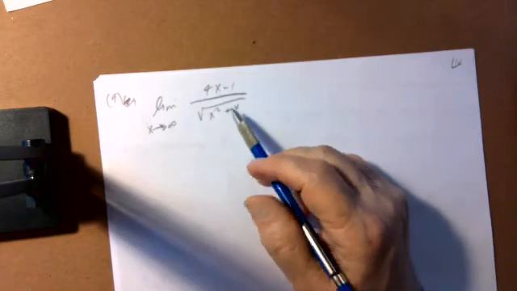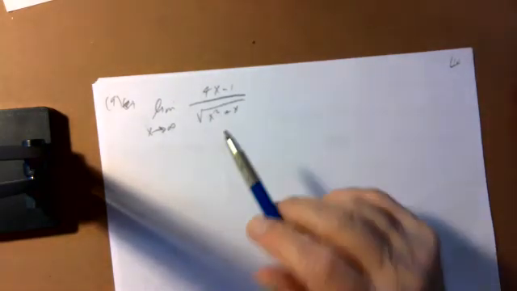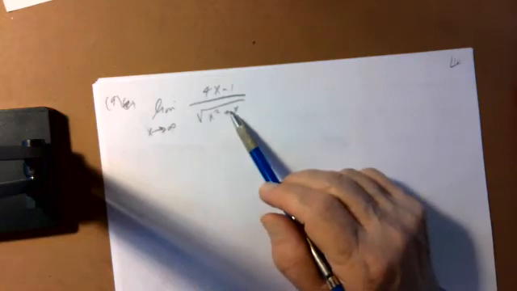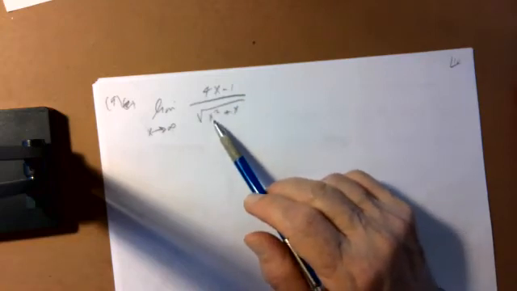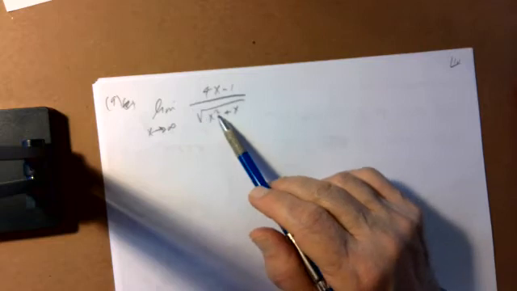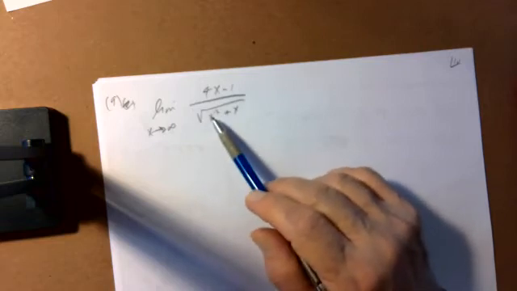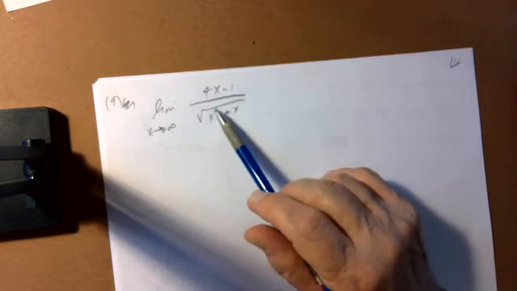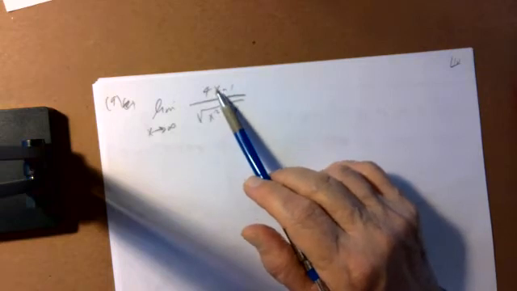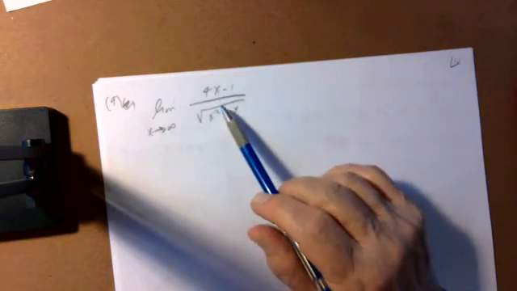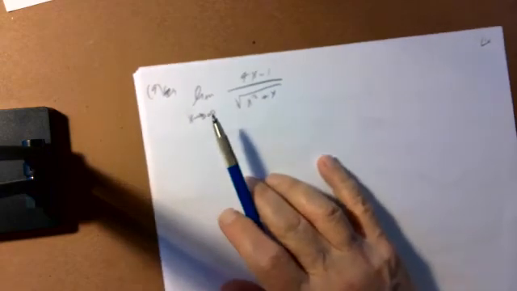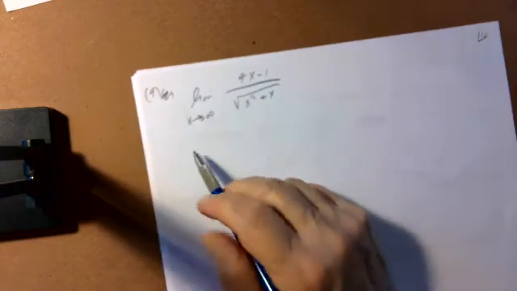You could look at this and say, roughly speaking, the square root of x squared plus x is dominated by x squared, so this is like the square root of x squared. So this denominator is roughly like x, and the numerator is roughly like 4x, and 4x over x is 4. So you might think that this limit will be equal to 4.